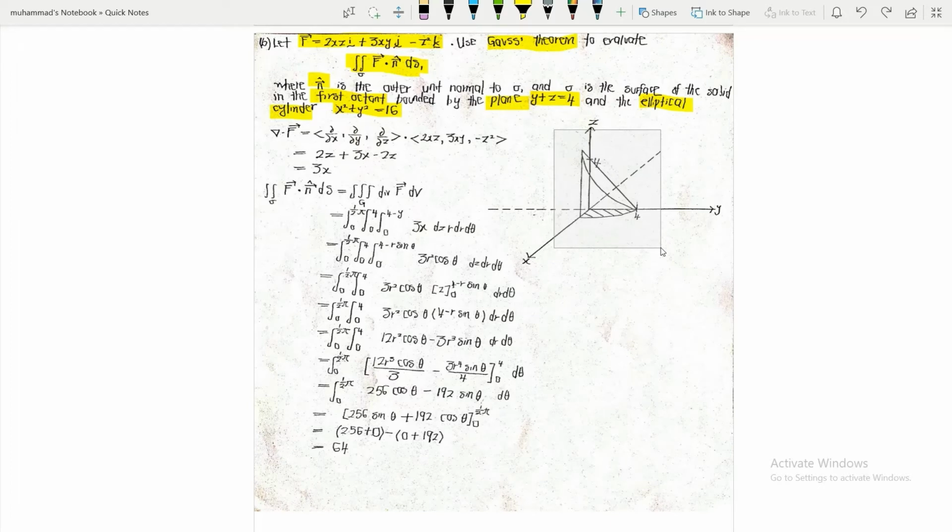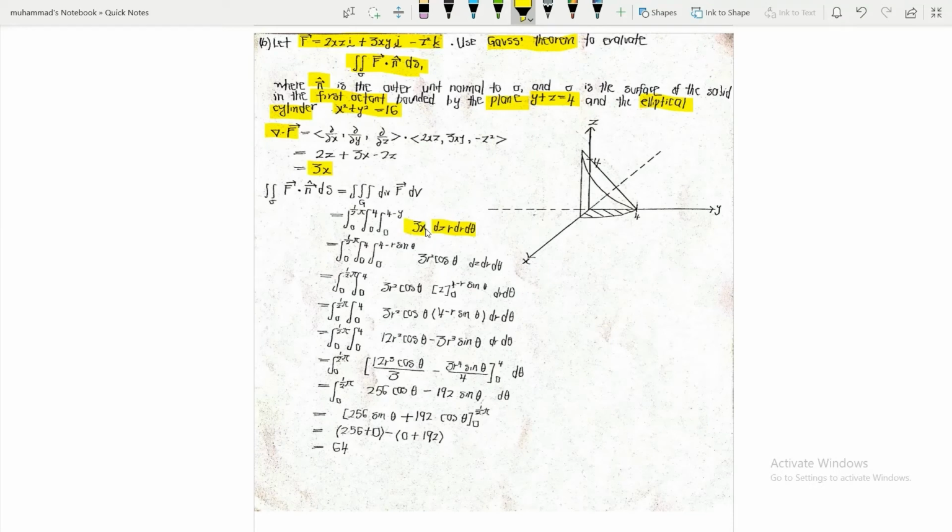The solid is in the first octant, so dV is dz r dr d theta because this is a cylinder and we use cylindrical coordinates. Then we find the divergence of f and we get the answer is 3x. Then we substitute the divergence of f into the formula.